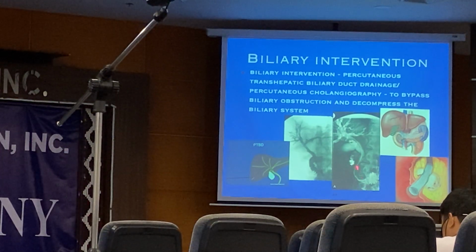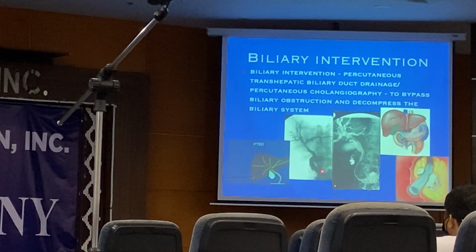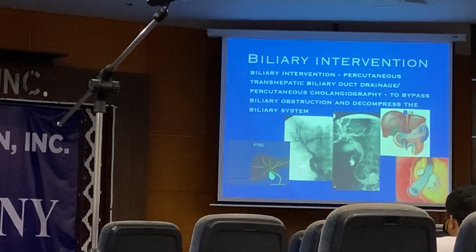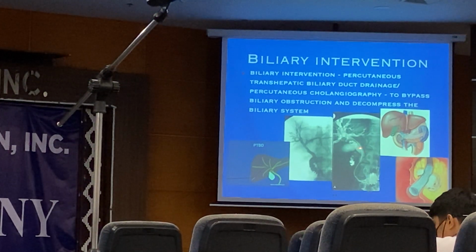If we can bypass the occlusion, then it would be best, and put in a catheter from the intrahepatic duct to the common bile duct. But if it is really completely occluded, then we just place the tip of the catheter there, and then the bile drains out.